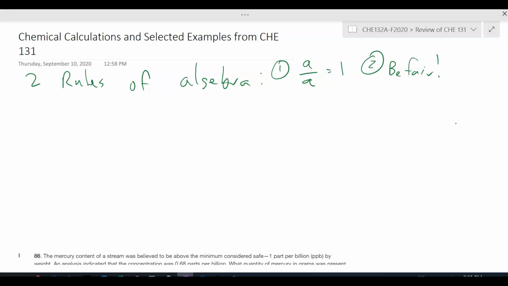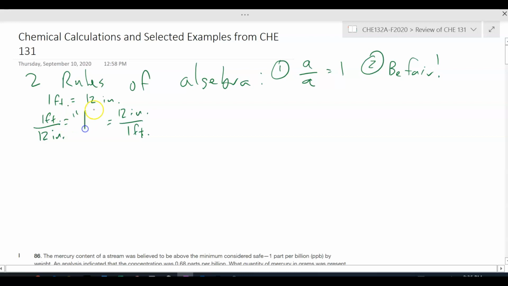You know, for example, 1 foot is 12 inches, which means that if I have 1 foot over 12 inches, or 12 inches over 1 foot, those are both conceptually equal to 1.